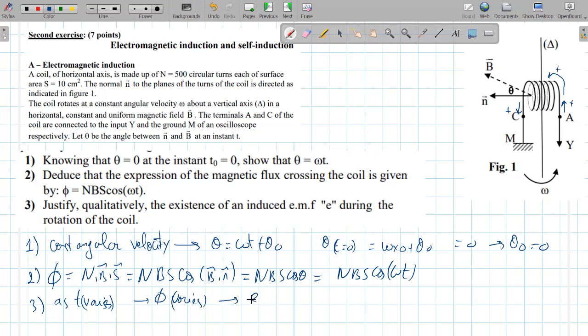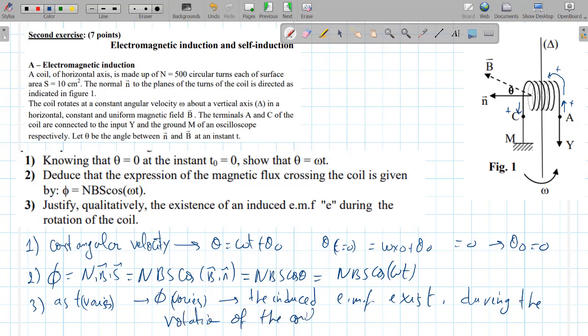So the induced electromotive force exists أكيد during the rotation of the coil. فينا نقولها بطريقة تانية ما رح اكتبها، بنقول له as the coil rotates, the flux varies, so the induced electromotive force exists.